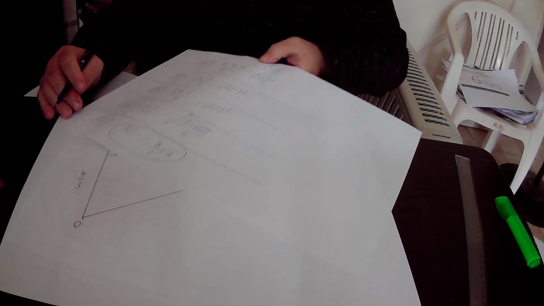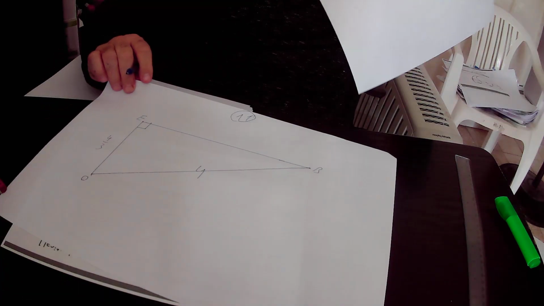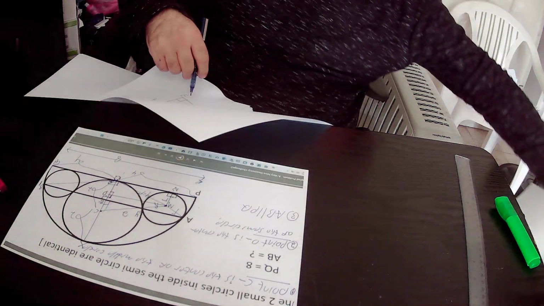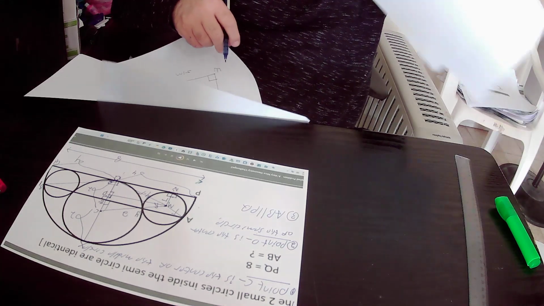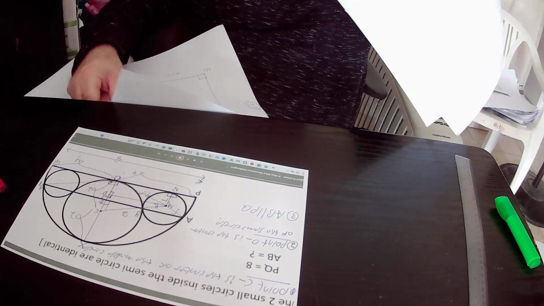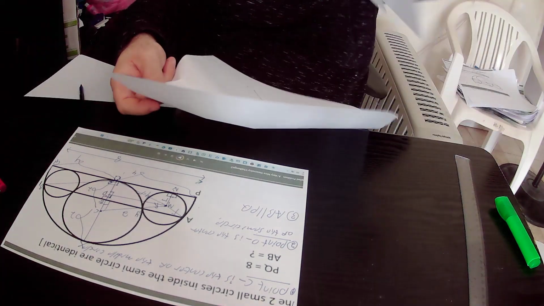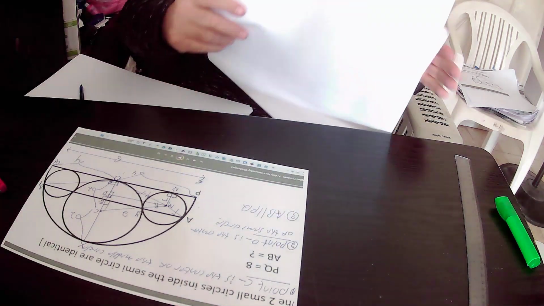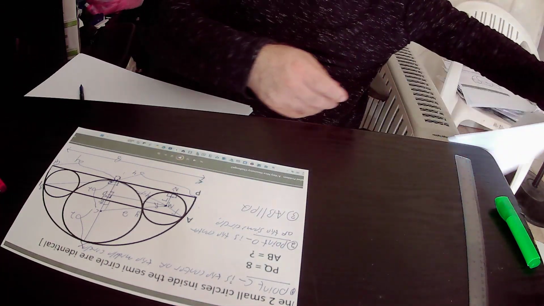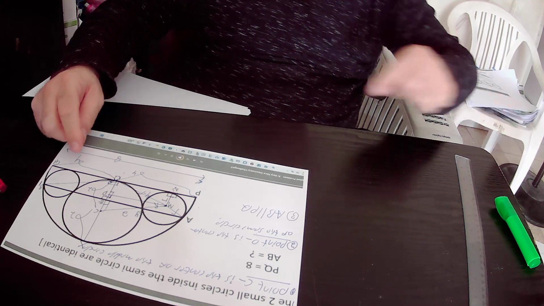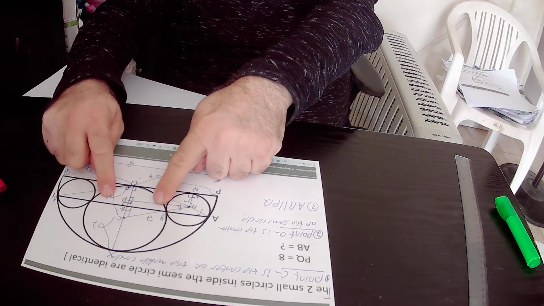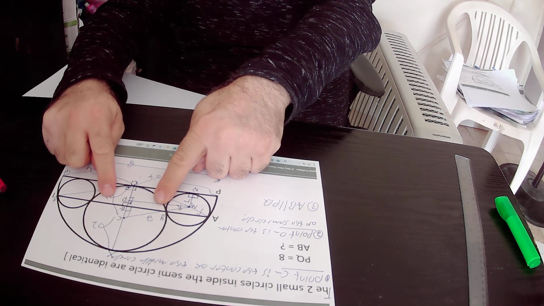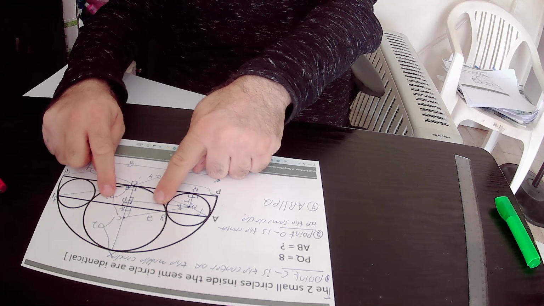Okay, so in the next step, we will prove that those two right triangles can join to each other.